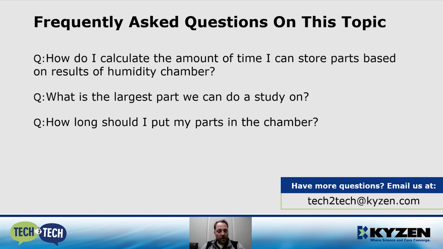How long should I put my parts in the chamber? So typically we run 10-day tests, and 10 days is roughly equivalent to 90 days in the field. However, you might be looking for a little bit longer term of protection than that. So let's say you're looking for 6 months of protection or 180 days. All you would do is simply divide 180 by 9, and that would be 20 days in the chamber.